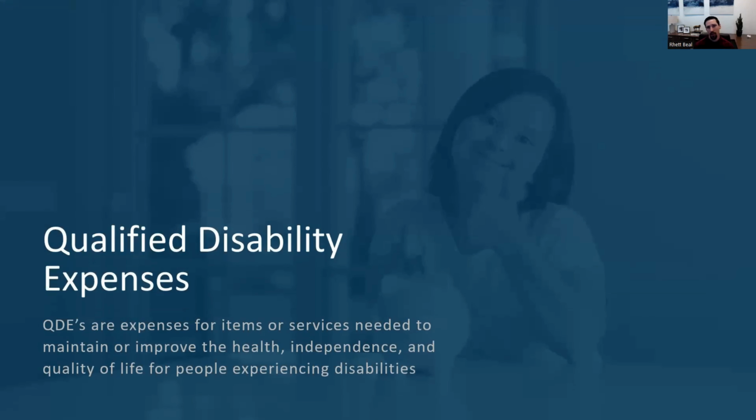And I want to cover what is a qualified disability expense. That's really crucial because we said you get the tax-free benefits as long as you're utilizing the account for qualified disability expenses. And you'll notice that the definition is very, very vague, right? It is expenses for items or services needed to maintain or improve the health, independence, or quality of life for people experiencing disabilities.